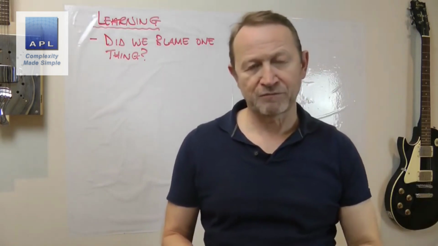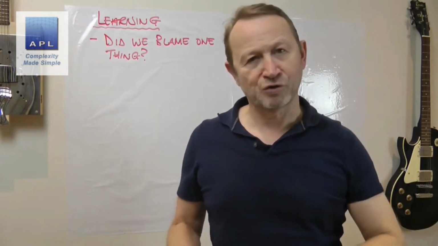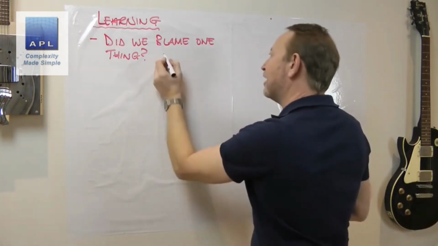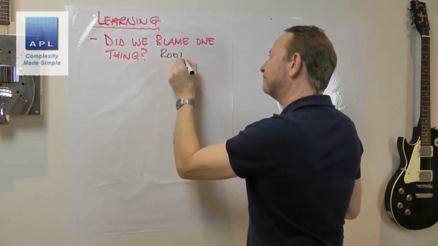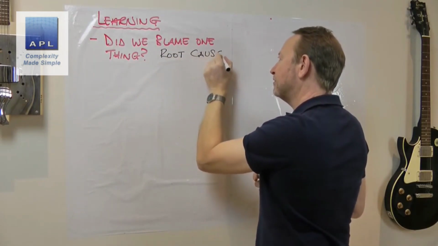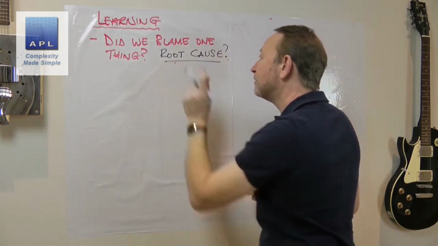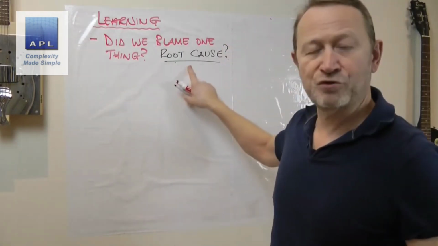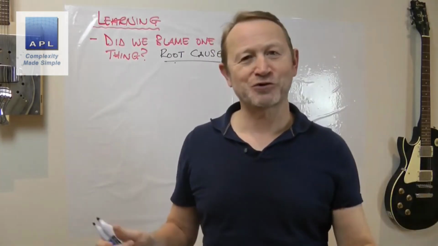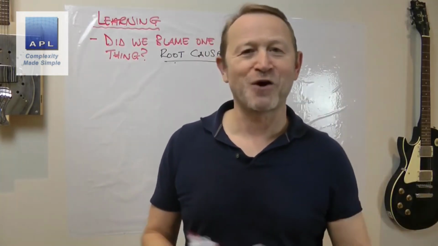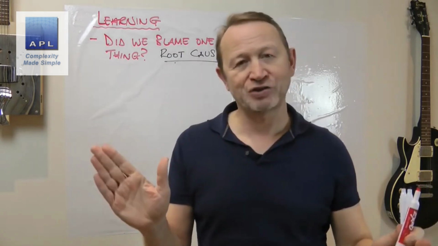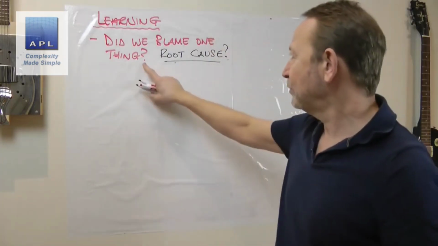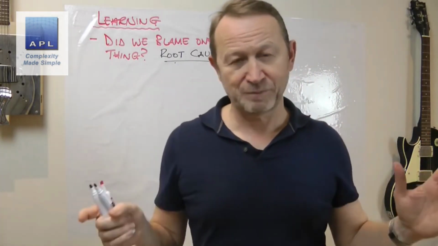Now, people come and work with you on problem solving courses and all sorts of things, and of course the consultants, they like to talk about finding the root cause. Now, of course, finding the root cause suggests that you're looking for that one golden nugget of something that's changed in your process, that if you put it right, everything's right with the world. Now, we didn't blame one thing, it was multiple things.